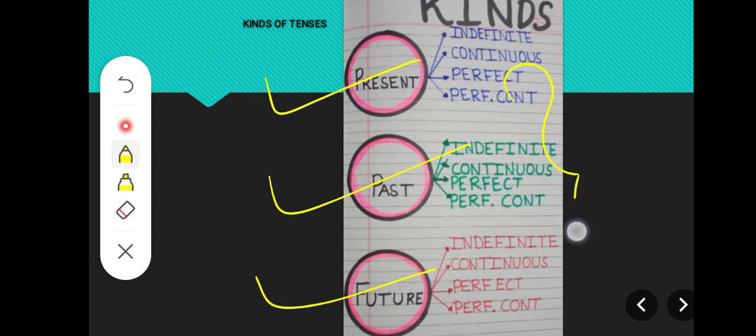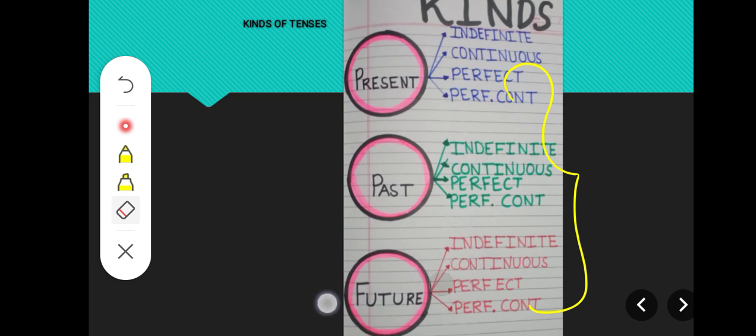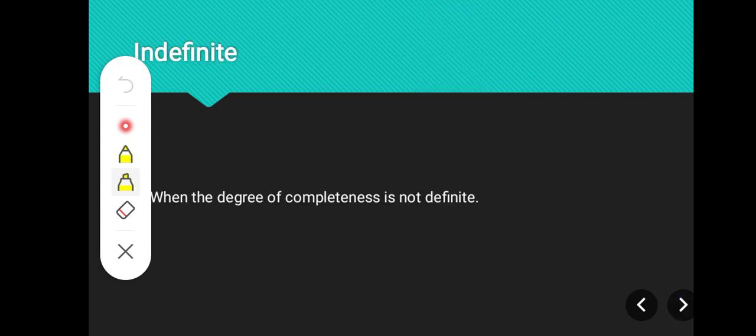These three tenses are further divided into four types. First is indefinite, then continuous, perfect, and perfect continuous. Let's talk about indefinite.